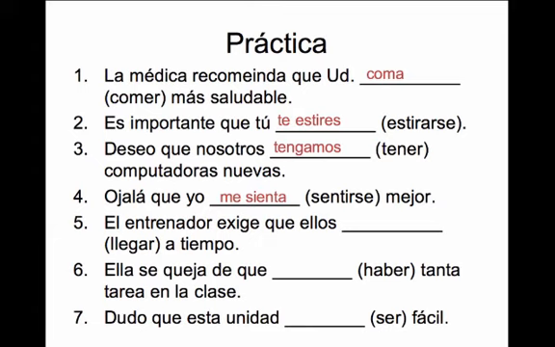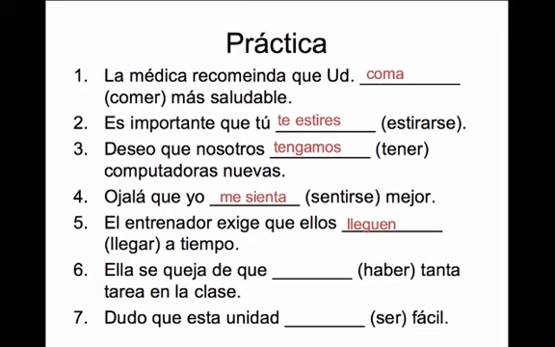Número 5. El entrenador exige que ellos lleguen a tiempo. The coach or trainer demands that they arrive on time. So again, it's not something that's taken place necessarily, but it's a recommendation or a desire. 6.